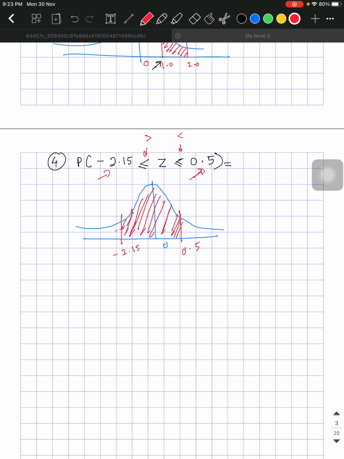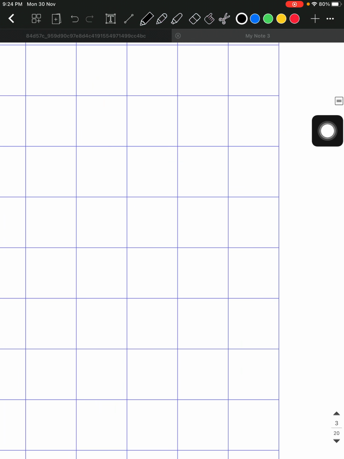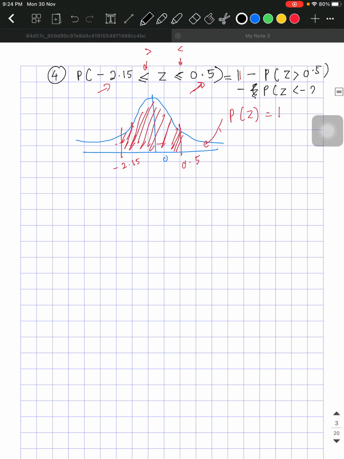As we know that the total of all of this, P(Z), is equal to 1, so if you want to find the shaded region, then you have to write it like this: 1 minus P(Z > 0.5), close the bracket, and minus again P(Z < -2.15).